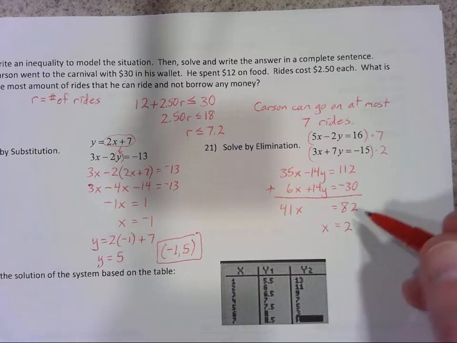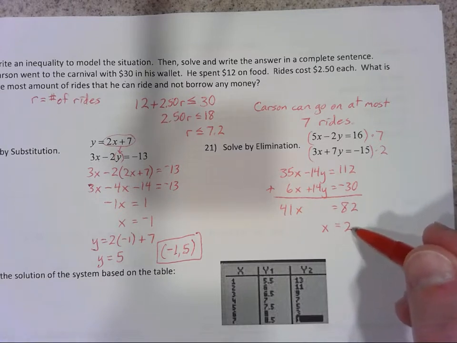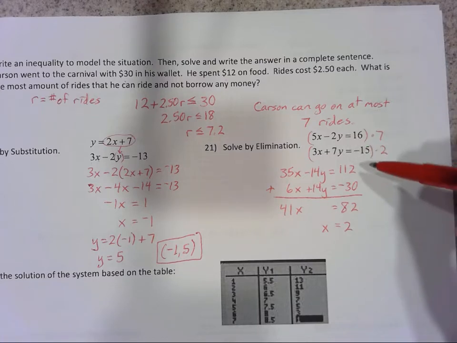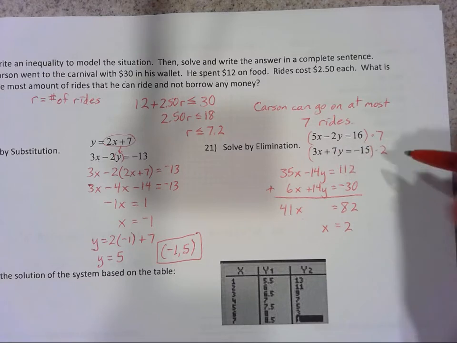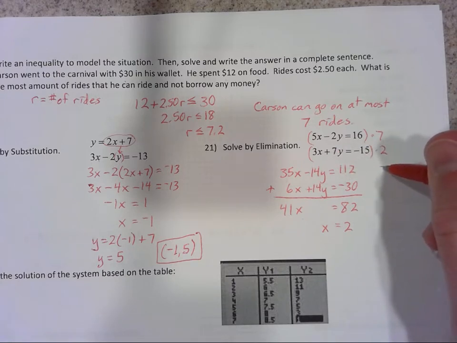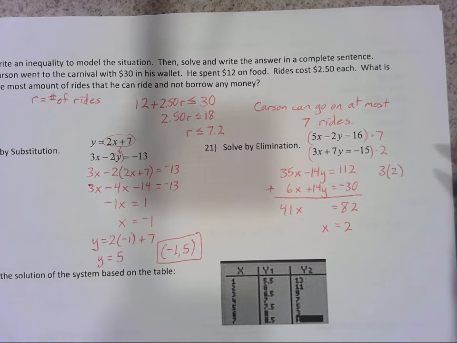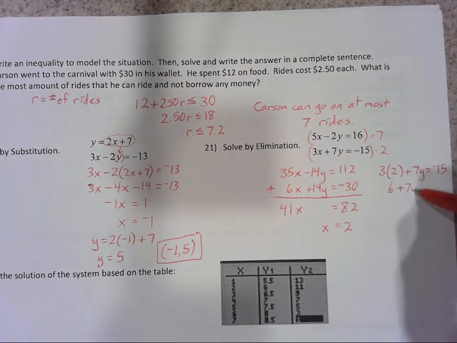So now I take that value of x and plug it back into one of these equations to find y. I'm going to choose the second one. So I'm going to take 3, insert 2 for x, plus 7y equals negative 15. 6 plus 7y equals negative 15.